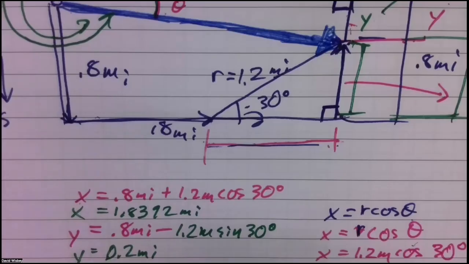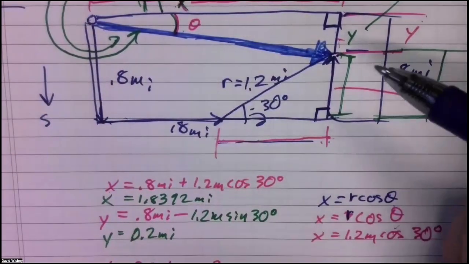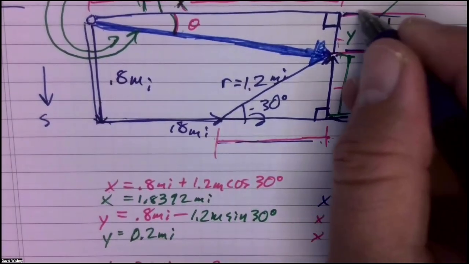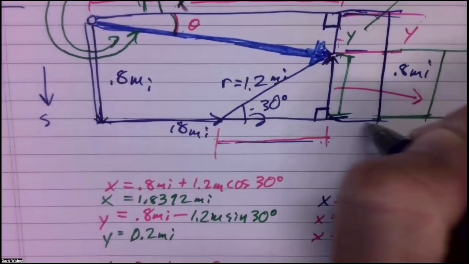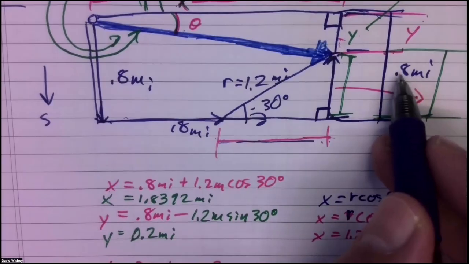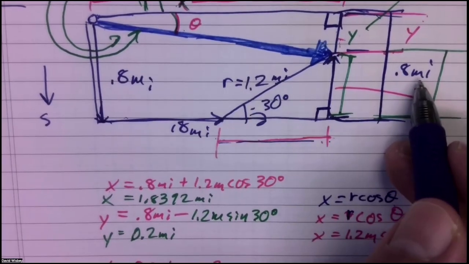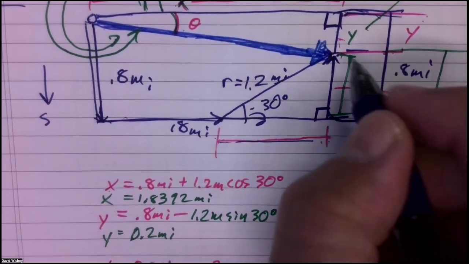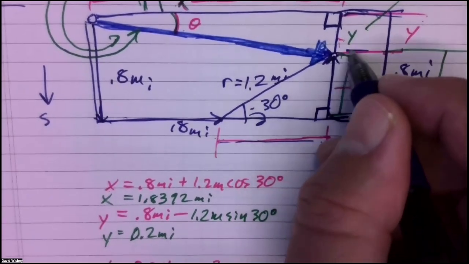For y, we know that from the bottom here up to the top, that's 0.8 miles. Oh, this is in miles, not meters. I kept saying meters, but it's actually miles. This whole thing is 0.8 miles, but we just want this little piece up here.